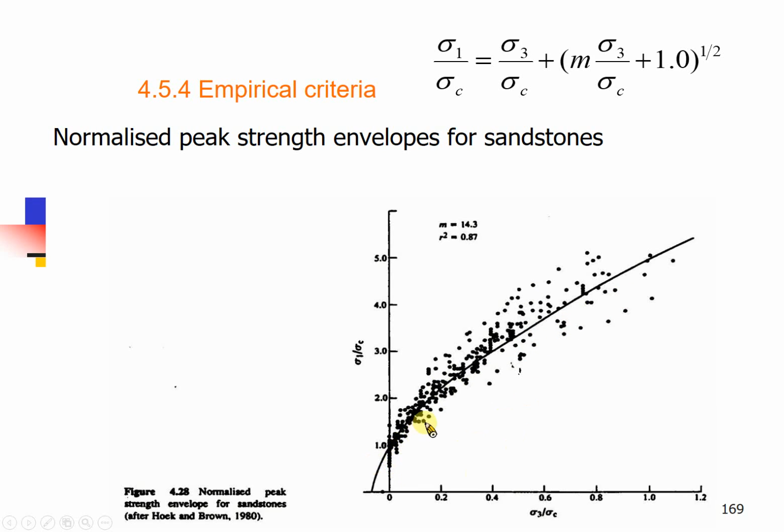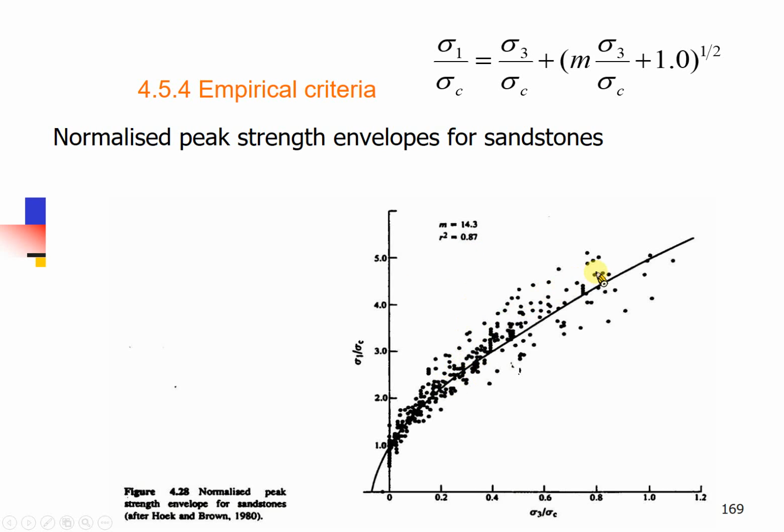In general, you will find the failure envelope is not really a straight line. Instead, it will be a curve. If you make the regression and get the equation, the R square equals 0.87. It's not too bad.